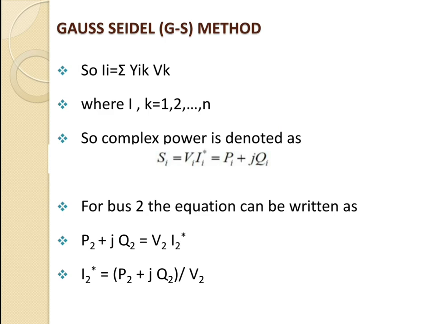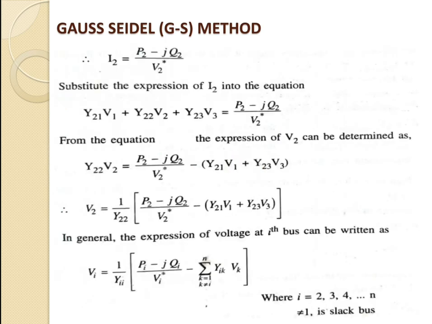Taking the complex conjugate, what equation do we get? We write I2 equals P2 minus jQ2 divided by V2 star. So this is the equation for I2. Now substitute the expression for I2 into the equation for bus number 2.